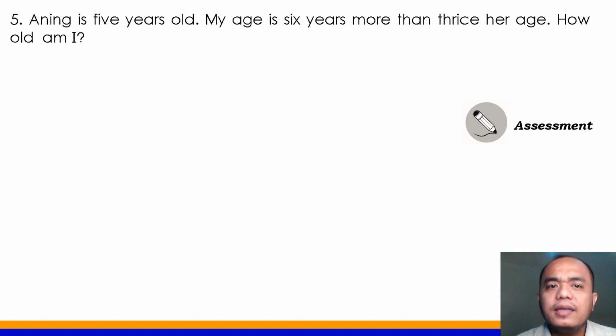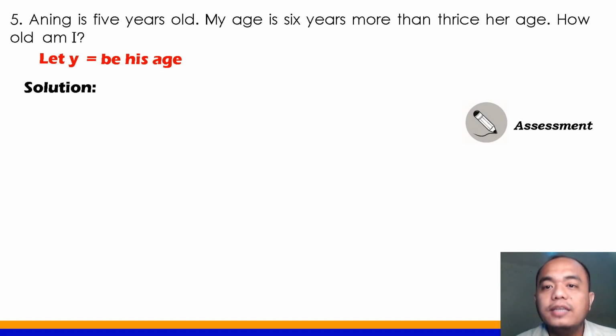Number 5. Aning is 5 years old. My age is 6 years more than thrice her age. How old am I? So what is asked here is his age, no? Let Y represent his age. Now, the solution here is, so thrice her age, that's 3 times the age of Aning, that becomes 5.